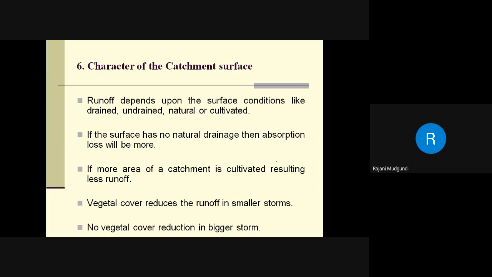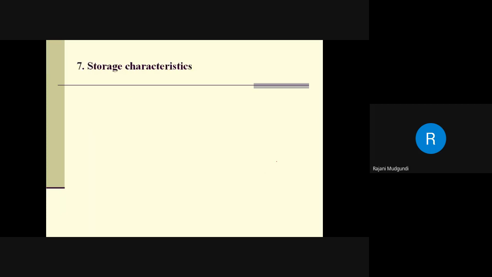If more area of the catchment is cultivated, say more area is cropped land under agriculture, in that case less runoff will result. Vegetal cover reduces the runoff in smaller storms, and if no vegetal cover is there, then more runoff will be observed.